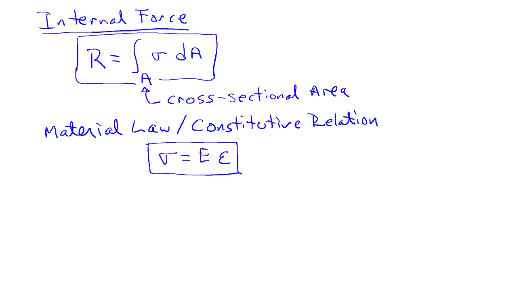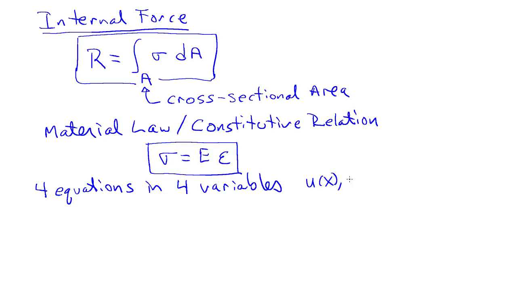Taken together, these four equations give me four equations in four variables. So those are u of x, R of x, epsilon of x, and sigma of x.